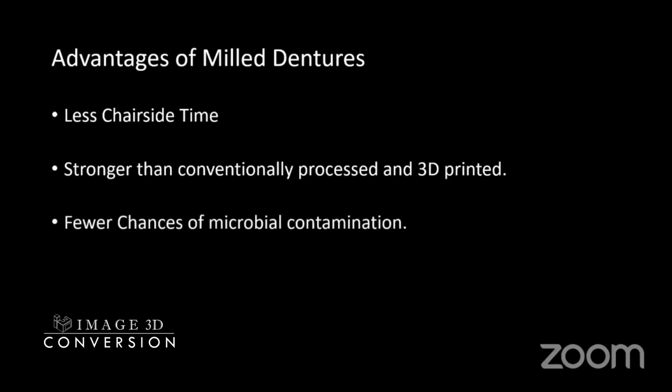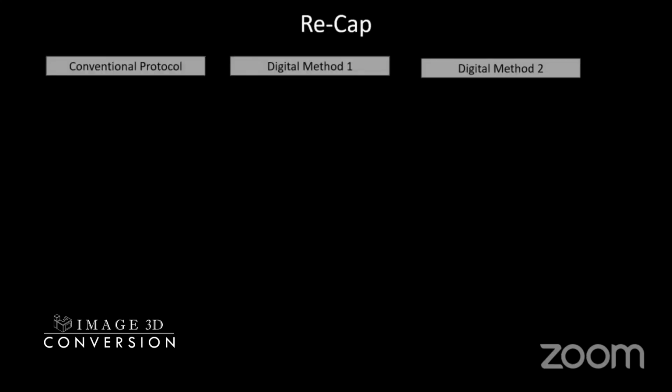So there are fewer chances of microbial contamination, since the glaze and polish finish texture of the mill denture is much higher than the conventionally processed denture, and it fits accurately, and the retention and stability are very good, and it is easy to replicate. So anytime the designs are available and we can mill these dentures.